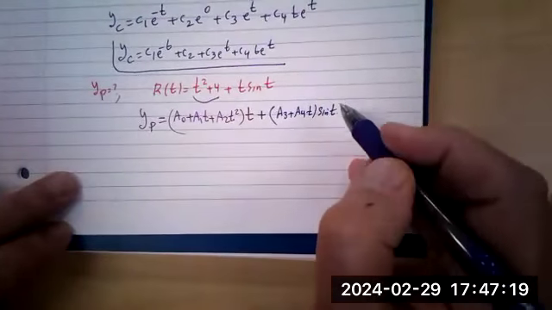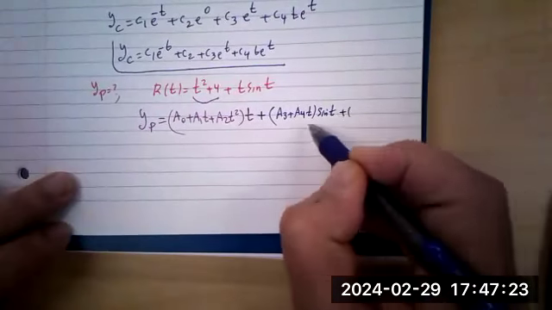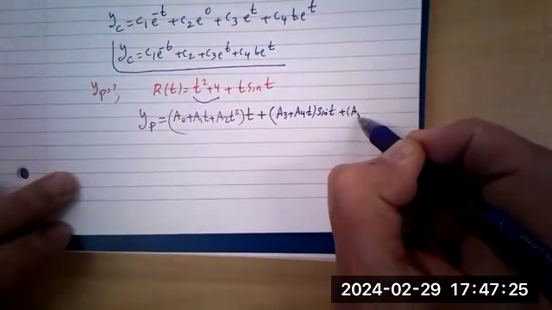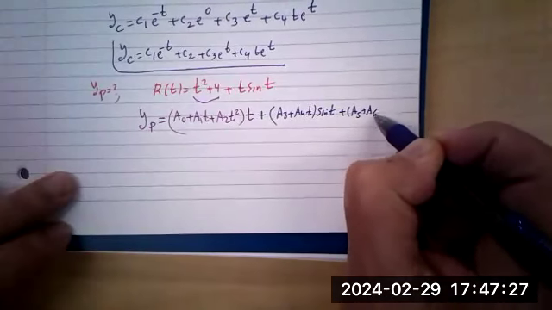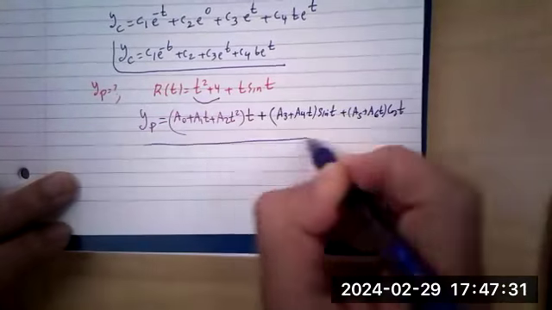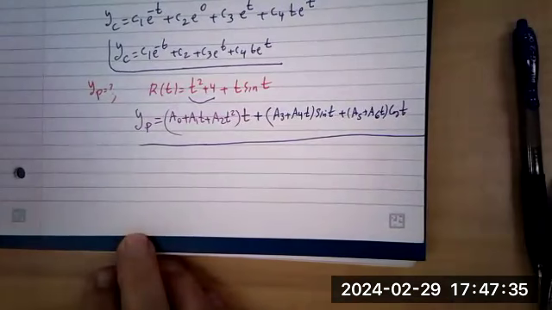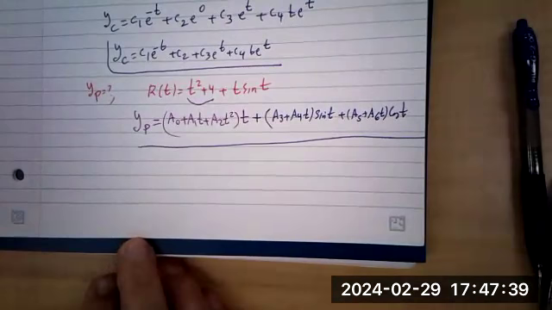Remember, you have to repeat it for the cosine: plus a5 plus a6 t, times cosine of t. There will not be any duplicated terms. So that would be the final answer for this group. That's it.